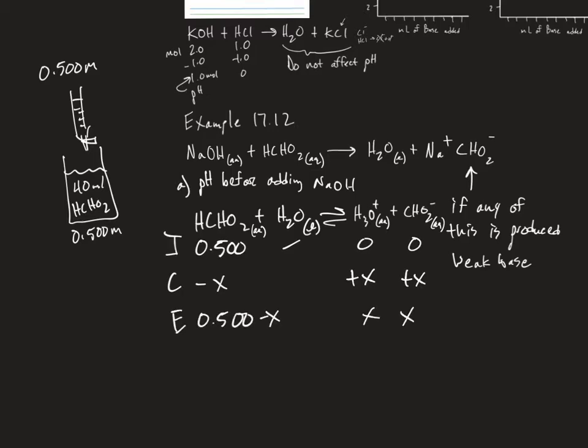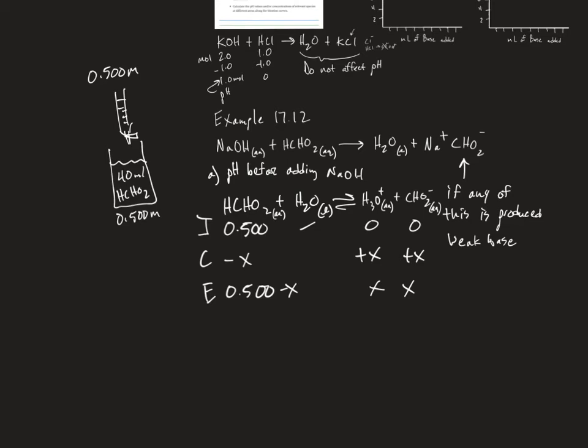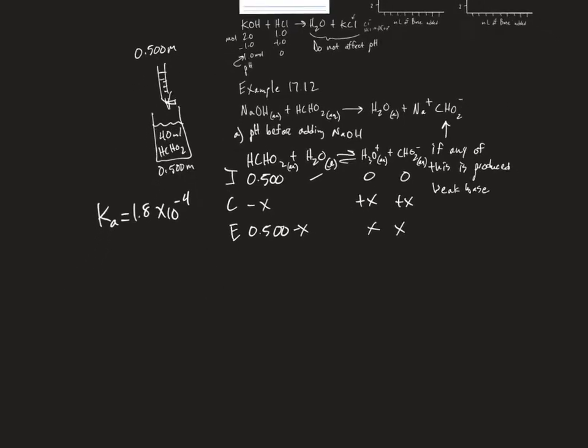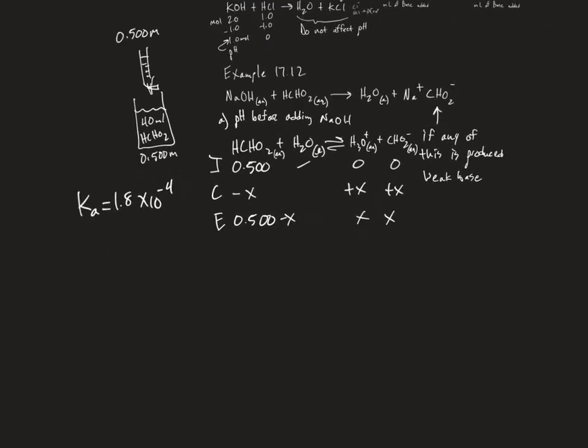X and X. Importantly, though, we are missing one thing. We need the Ka of formic acid. So we're back to this situation. We need to solve for X. If we can solve for X, we can get the pH. X will equal our H3O plus concentration.